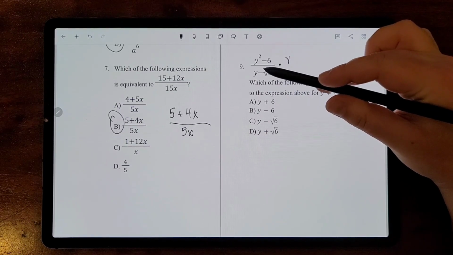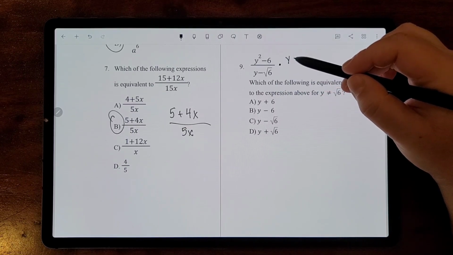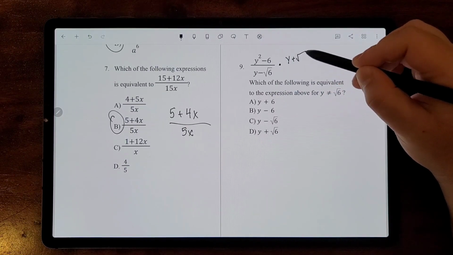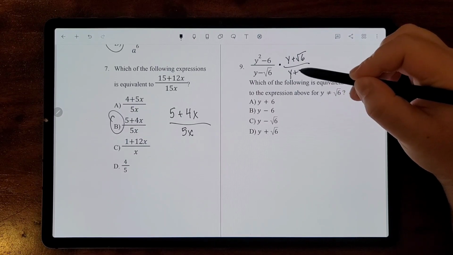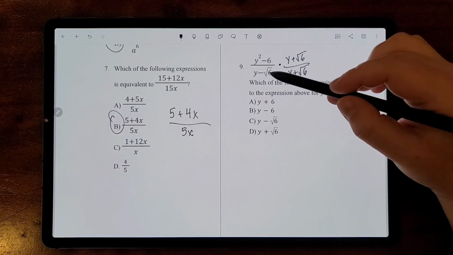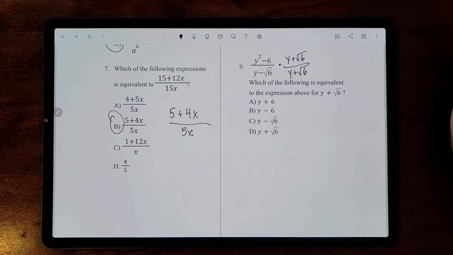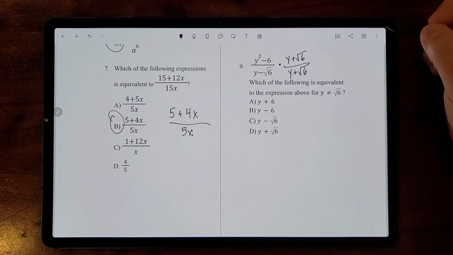If it's subtracting, you change it to plus, if it's adding, you change it to minus. That's it. And you do the same thing on top so that you're not changing the value, you're just multiplying by 1 essentially, in a way that gets rid of that radical, or square root, which is a term you might be more familiar with.